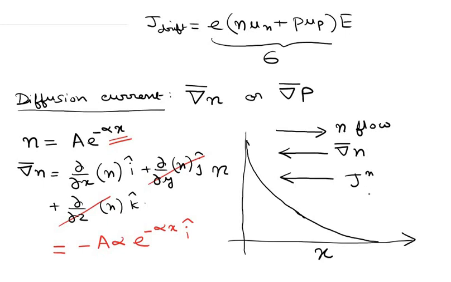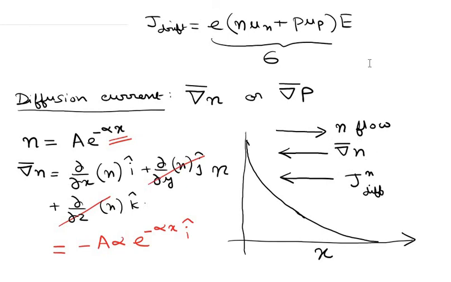We will call it Jn diff. Diff is the short form for diffusion, and the n here indicates the diffusion of electrons. So note that this diffusion current for electrons is of the same direction as gradient of n. So gradient of n and the diffusion current for electrons have the same direction.